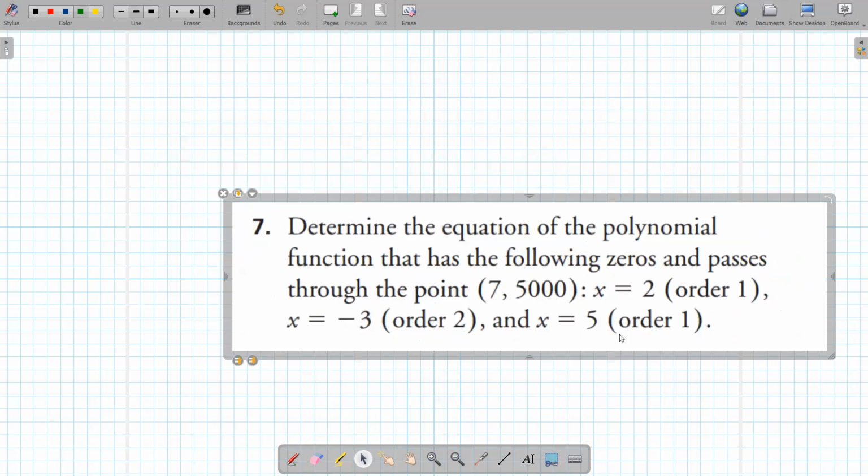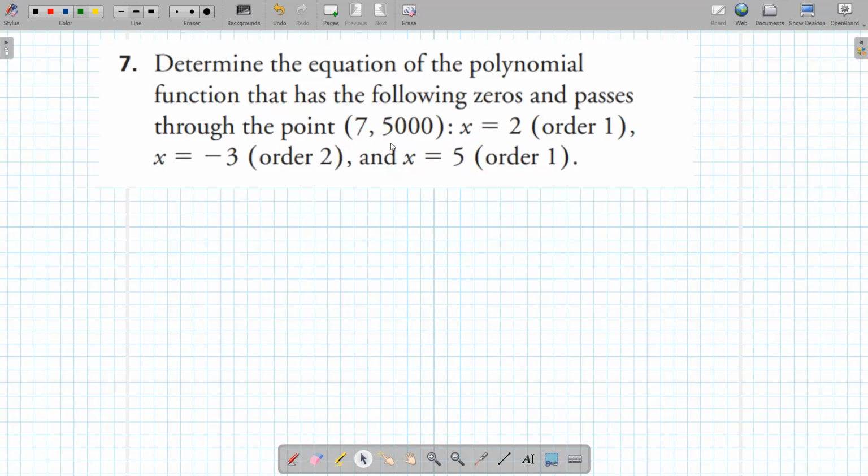So determine the equation of the polynomial that passes through this point 7, 5,000 and has these x-intercepts. What is the degree of this function? It's 4. You're right.